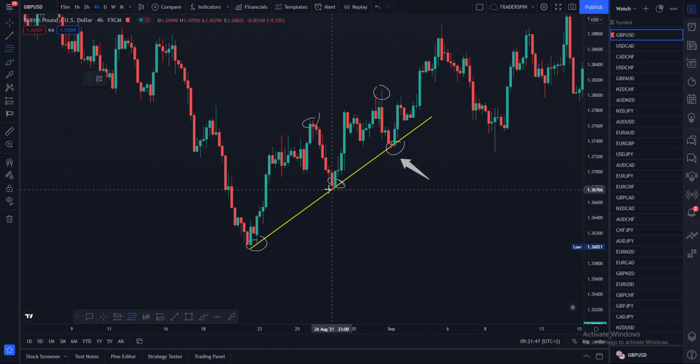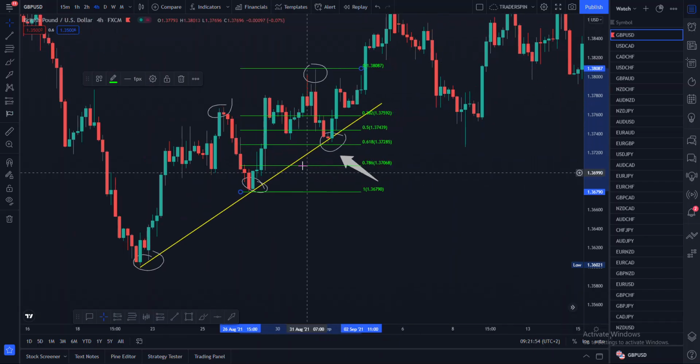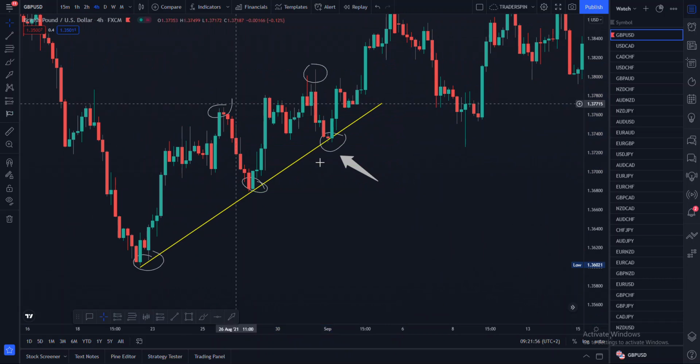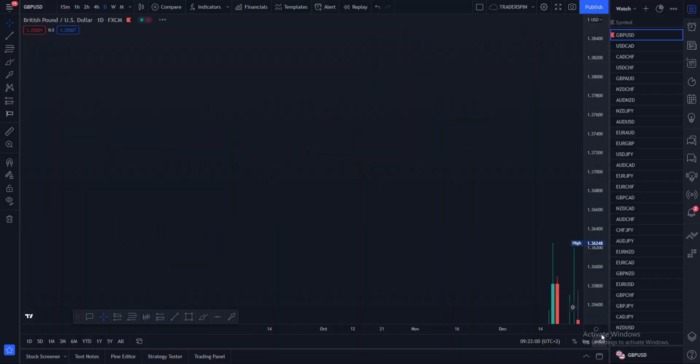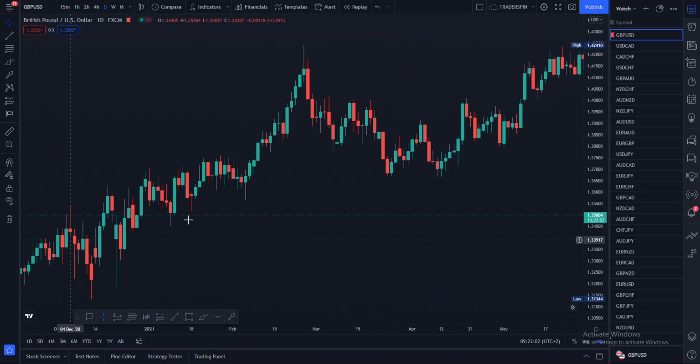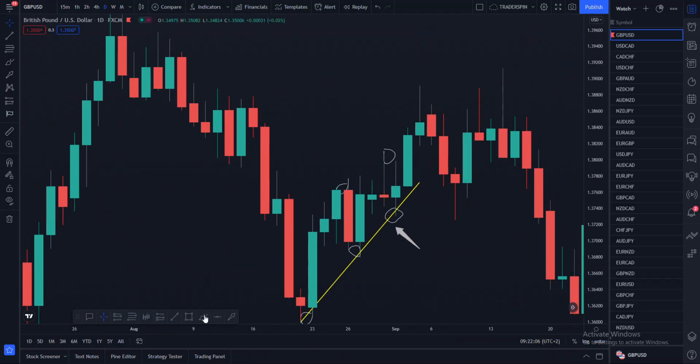Coming back to your fibs, it's at your 0.5 zone, which is beautiful. Then you go over to your daily time frame to see if price is on your daily order block, because you entered using your 4-hour time frame. And yes, price is on your daily order block.